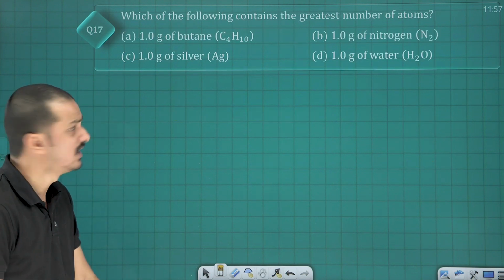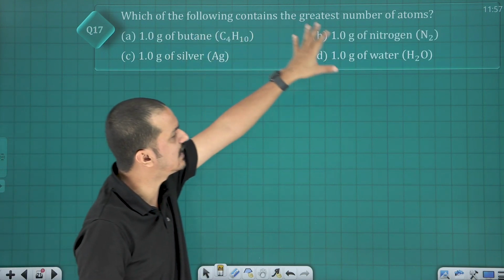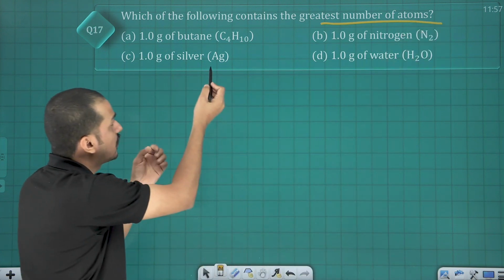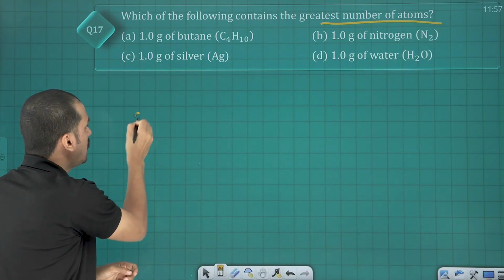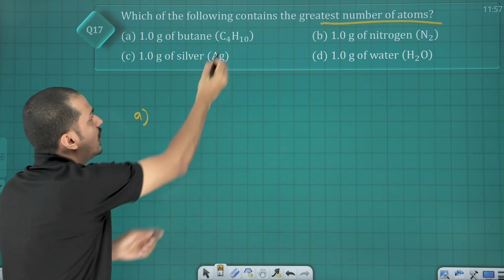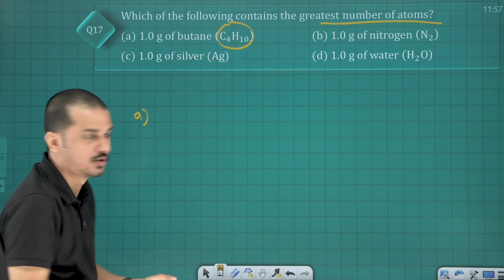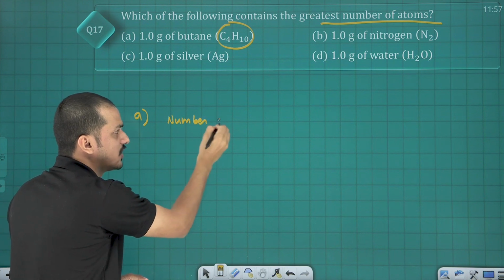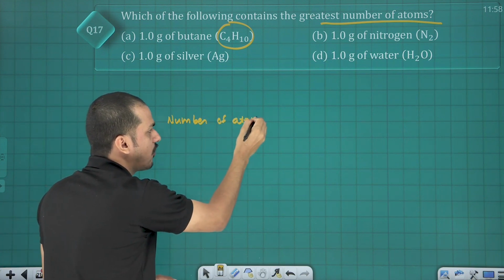Question number 17. Which of the following contains the greatest number of atoms? What about option A? C4H10 is a molecule. How can I find the number of atoms?